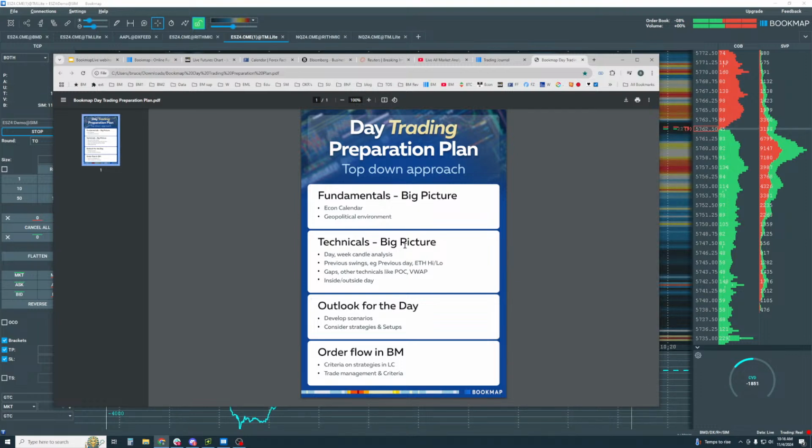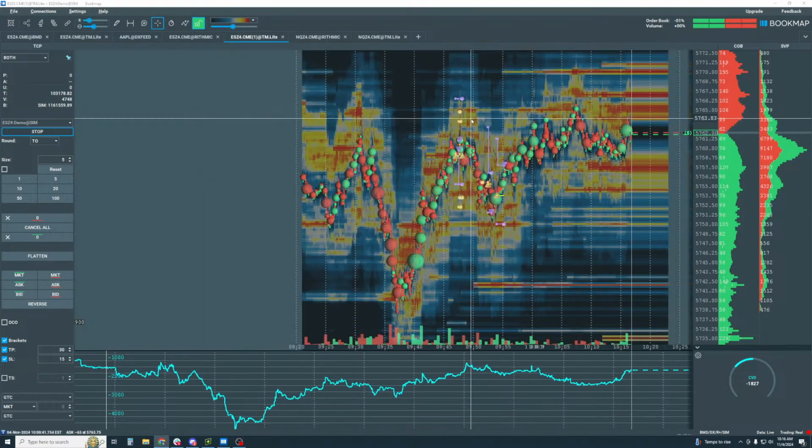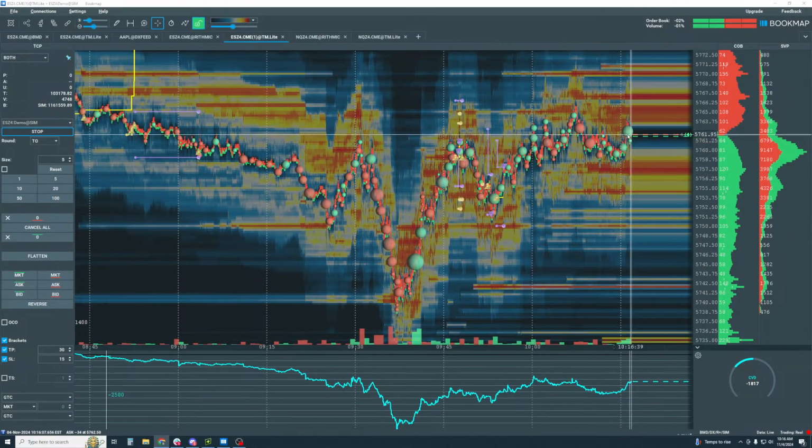We want to understand those levels: the weekly levels, the daily levels, the intraday levels, the extended trading hours levels as well. Then we can build out scenarios of what we think is likely going to happen, and drill down and look for those activities to unfold with a direction in mind due to the order flow.